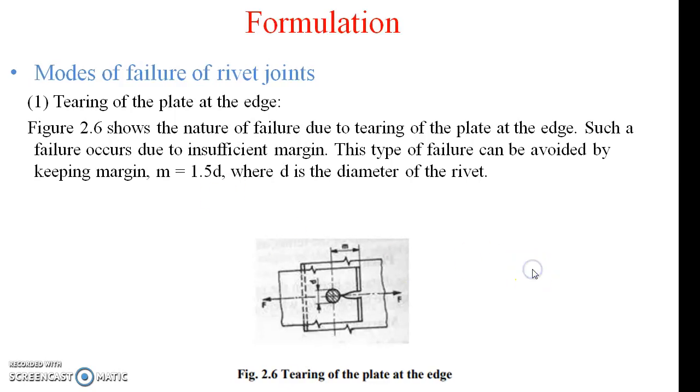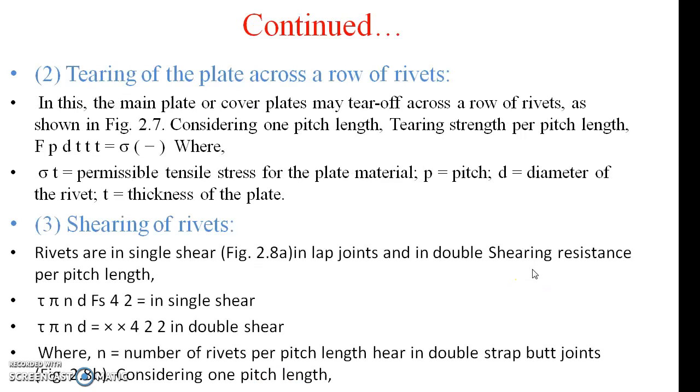Next is tearing of the plate across a row of rivets. In this, the main plate or cover plates may tear off across a row of rivets as shown in figure 2.7. I am going to show you that.